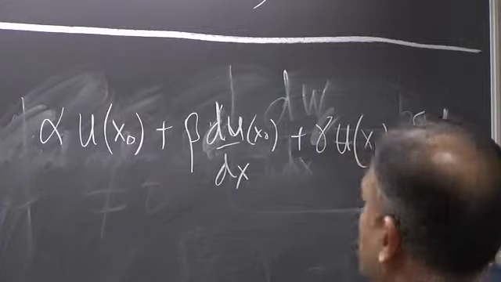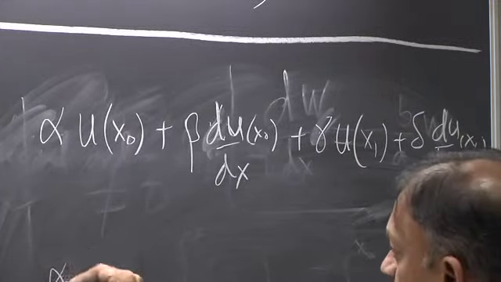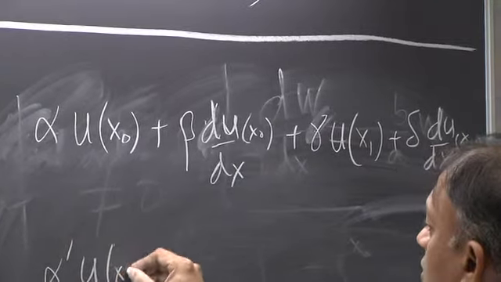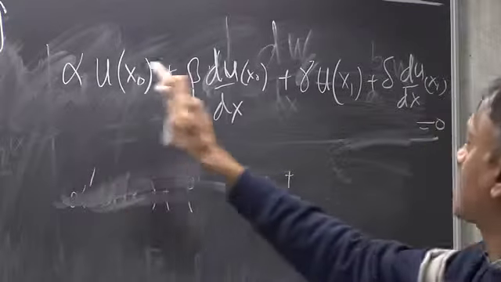That could be 0, for example, and another could be with another combination, alpha prime u at x0 plus beta prime, and so on, with all the things replaced by primes.